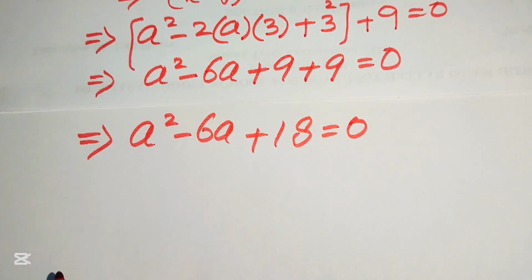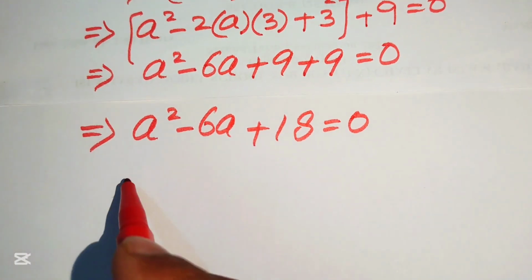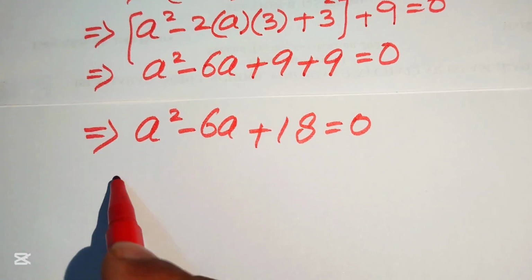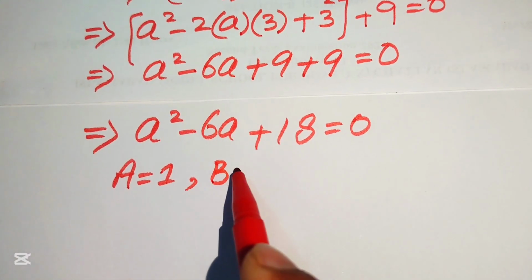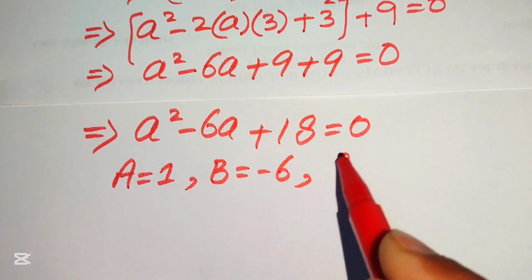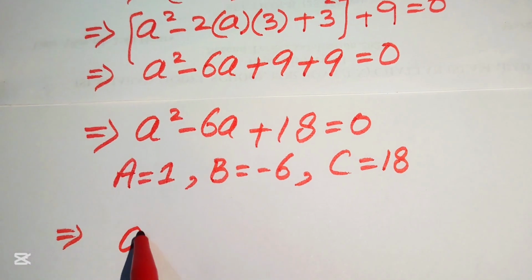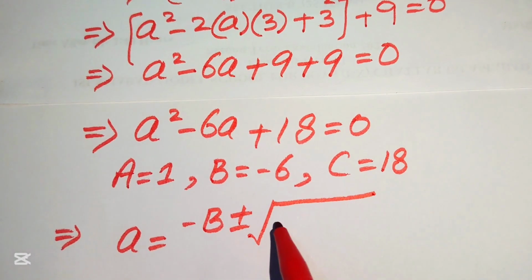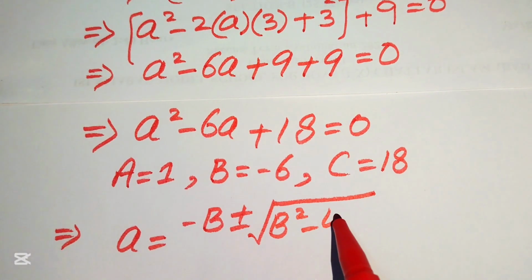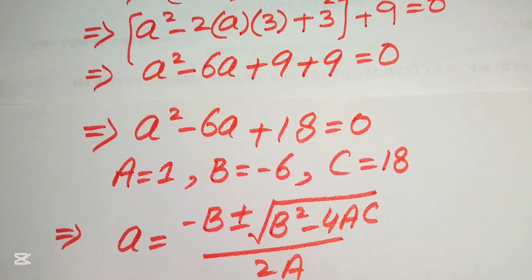So this equation becomes quadratic in variable a, and now we can use the quadratic formula in order to solve it. First we write the coefficients of this equation: capital A equals 1, capital B equals minus 6, and capital C equals 18. The quadratic formula is stated as a equals minus b plus minus square root of b square minus 4ac, divided by 2a.